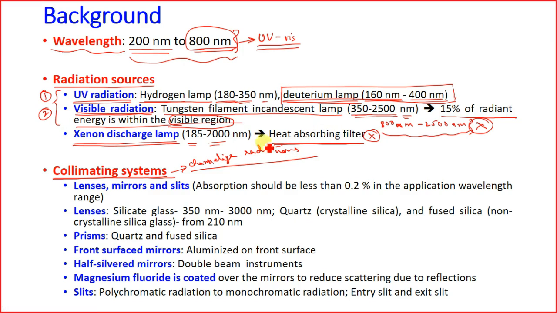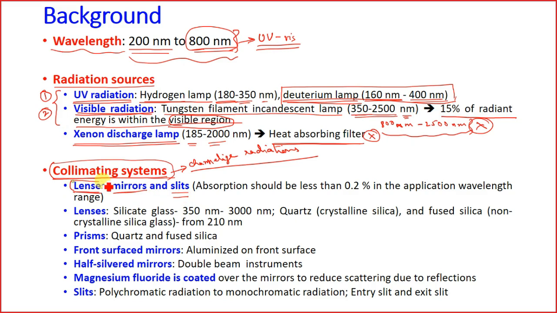These collimating systems are used for channelizing the radiations through a specific path within the spectrophotometer. Usually the collimating systems include lenses, mirrors, and slits.